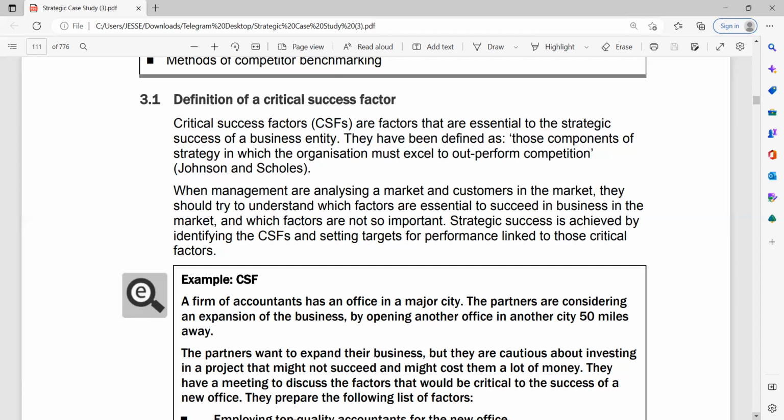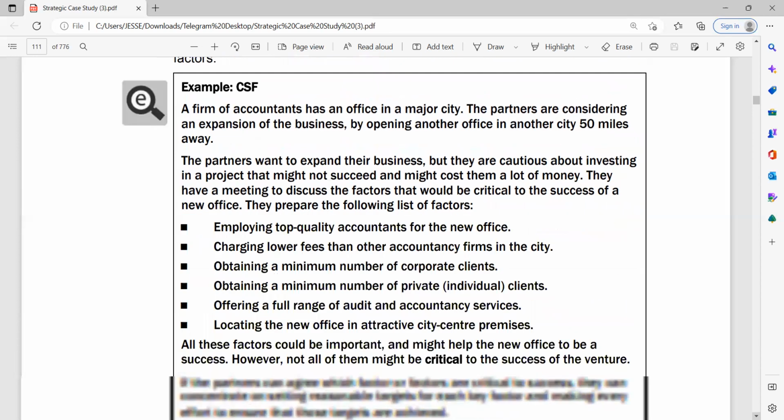There are some factors that are very important, that are essential. Some are non-essentials, right? So it's important to identify those critical success factors and set performance targets around them. Very, very important.